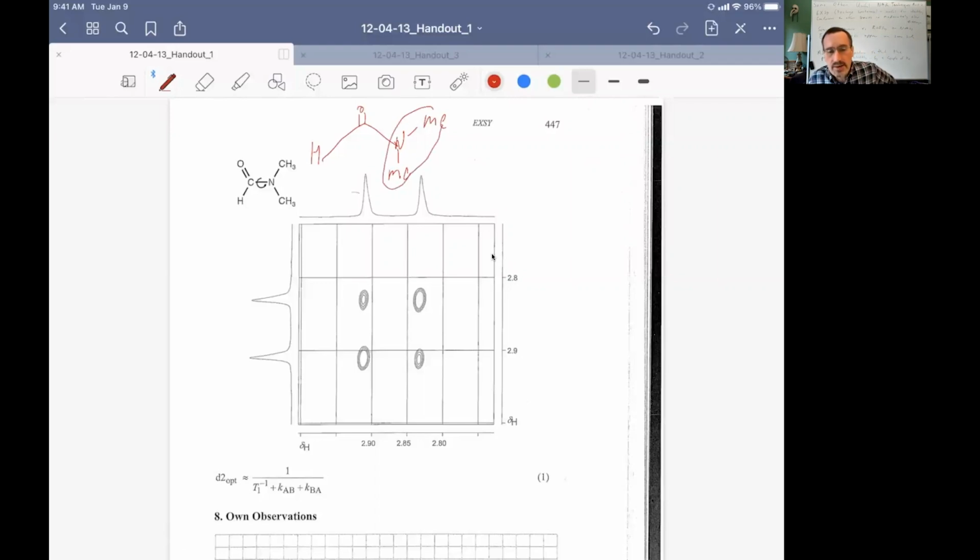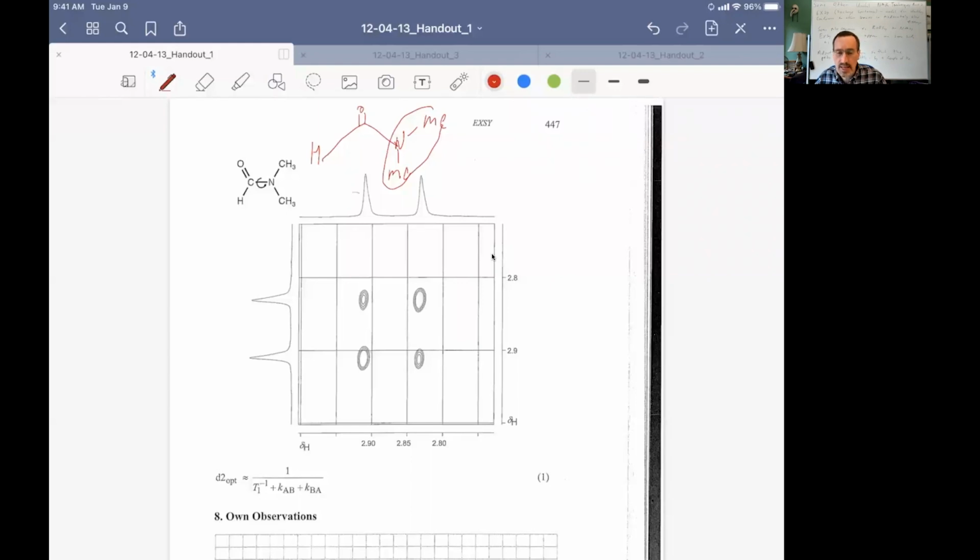When we talked about NMR spectroscopy, I think you had a problem that showed exchange at various field strengths for the instrument, and we also talked about variable temperature NMR. We said that the barrier to rotation about the amide is about 18 kilocalories per mole.